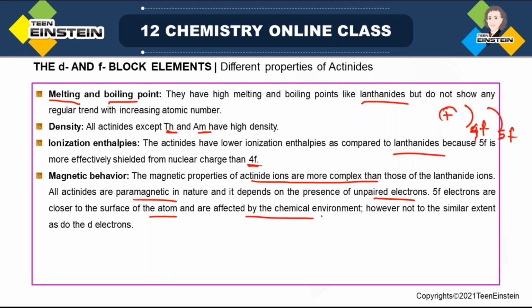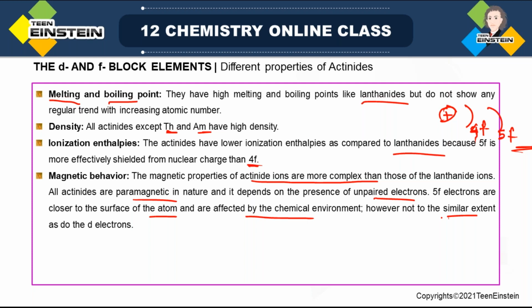So obviously it will be affected compared to 4f much more by the chemical environment, because chemical environment is present in the surface area. However, not to the similar extent as do the d electrons. So it is true that 5f electrons are closer to the surface of the atom and are affected by the chemical environment compared to lanthanides. But when we discussed lanthanides, remember at that time we also compared them with d orbital elements.